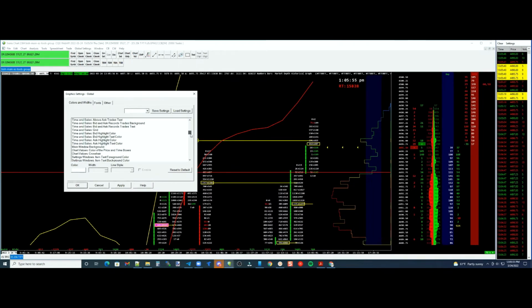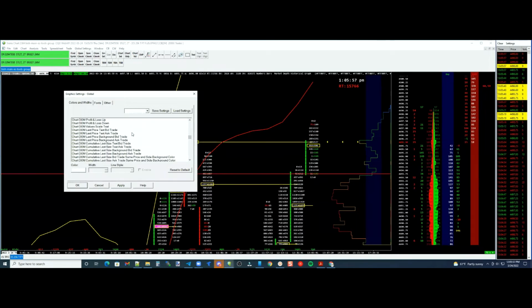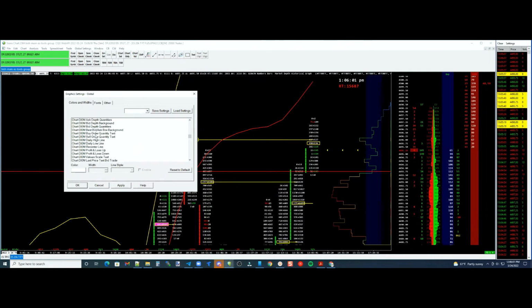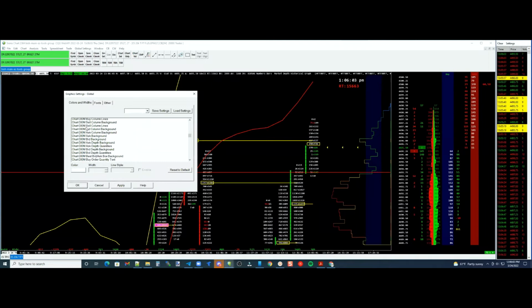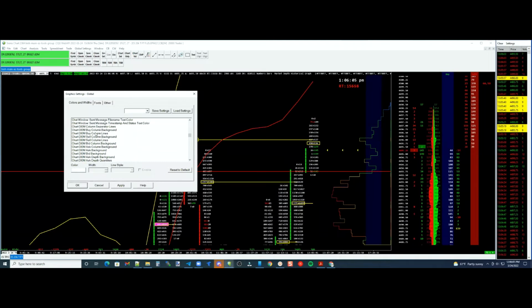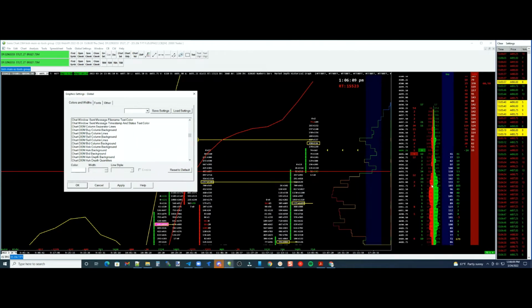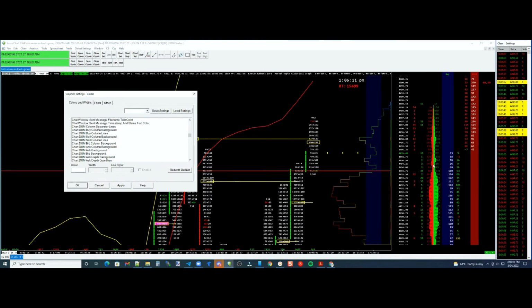There are trade DOM color settings and there are chart DOM color settings. These chart DOM color settings govern this chart DOM right here that I'm circling with my mouse.